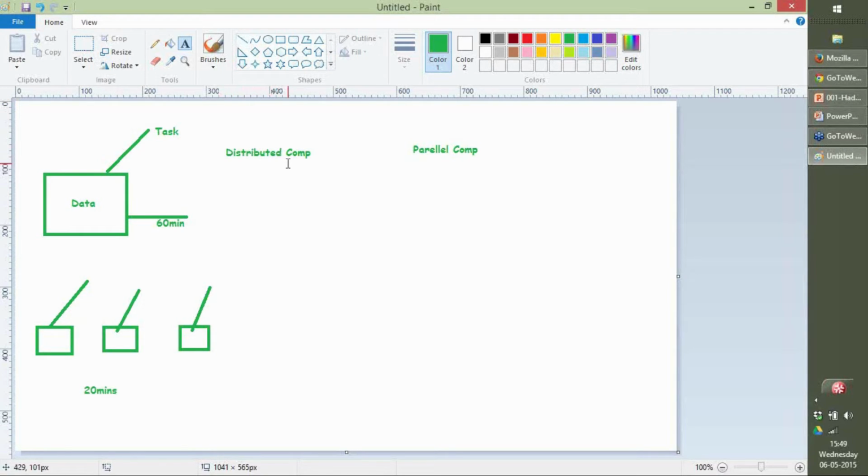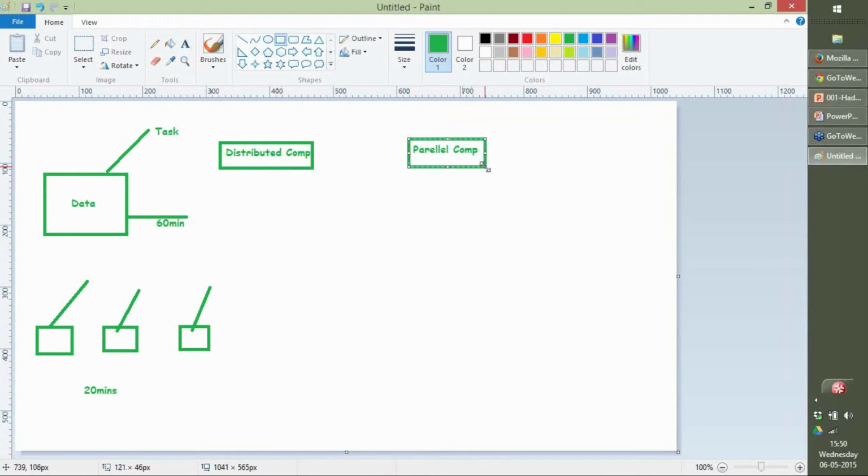Distributed computing means cutting your data into pieces and distributing them among n number of machines. I divided my data into 3 pieces here and sent them to 3 different machines. And parallel computing is about writing a task which can work in parallel. So this is the advantage of distributed computing and parallel computing.